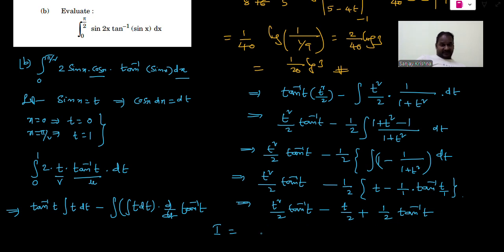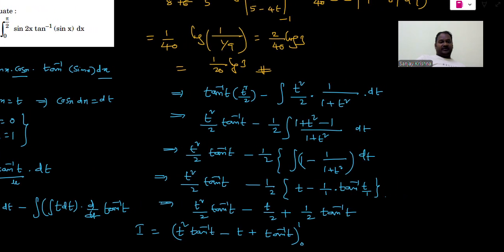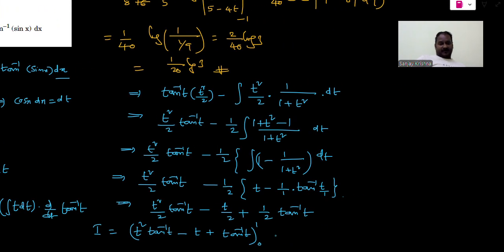So finally this is t square tan inverse t minus t plus tan inverse t, the half already cancelled, between the limits. What are the limits here? 0 to 1. When you substitute 1 here, I is going to be 1 square, which is 1 into tan inverse 1. Tan inverse 1 is equal to pi by 4.